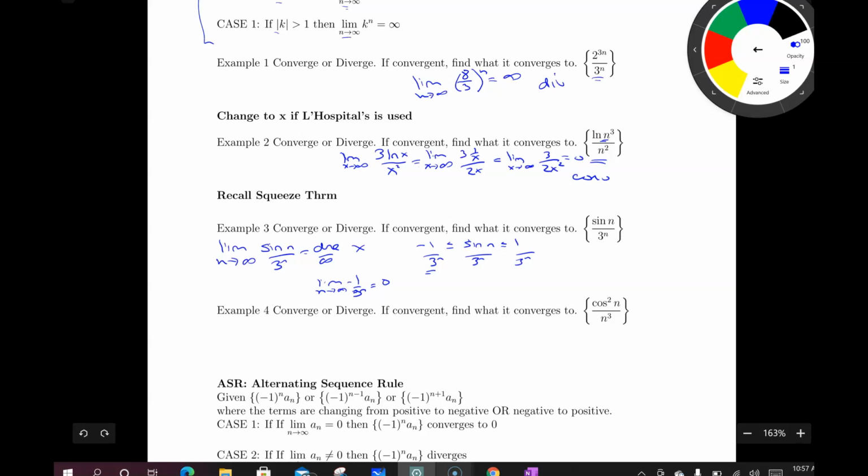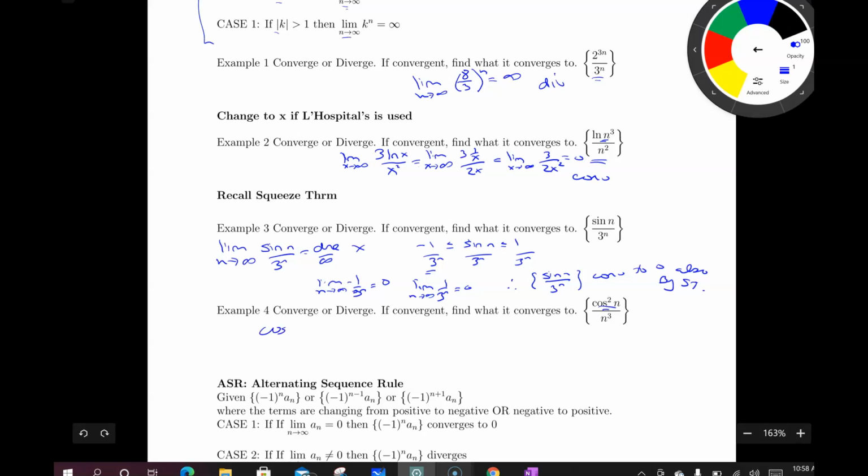This one gives me 0, and this one gives me 0. So therefore, I know that the one in the middle converges to 0 also by squeeze theorem.